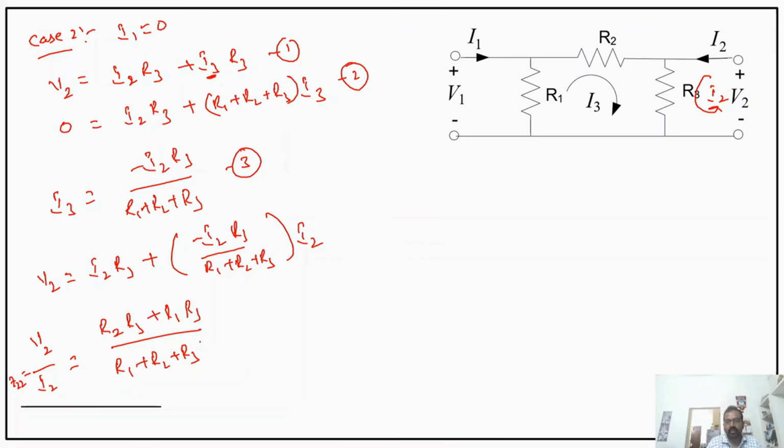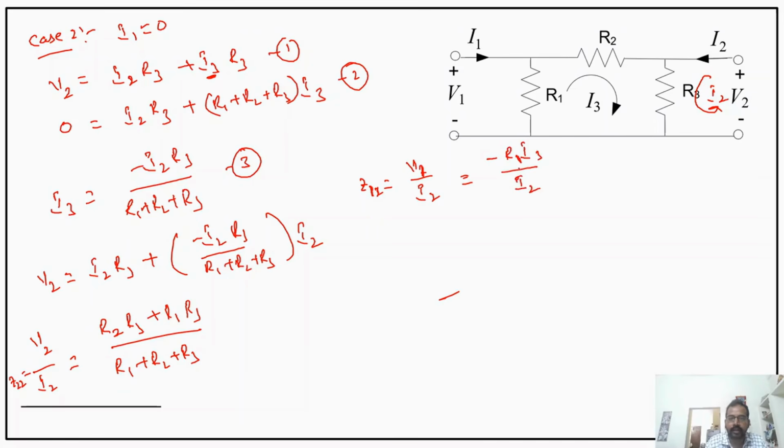Now we shall find for Z21. So my Z21 can be written as V2 by, we shall find Z12. So Z21 is for case 1, Z12 is for case 2. So it is V1 by I2, where we are having input as 0. But what is our V1? V1 is nothing but voltage across this particular resistor, that is minus R1 into I3 divided by I2.